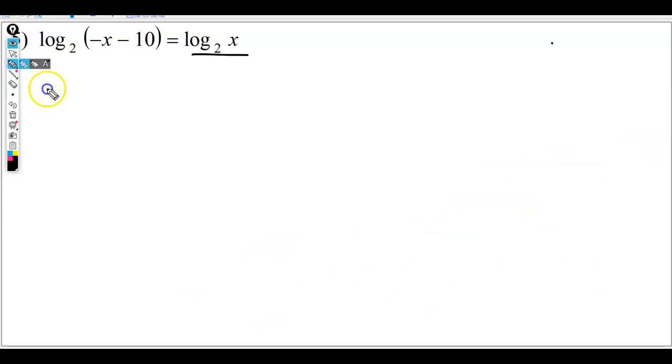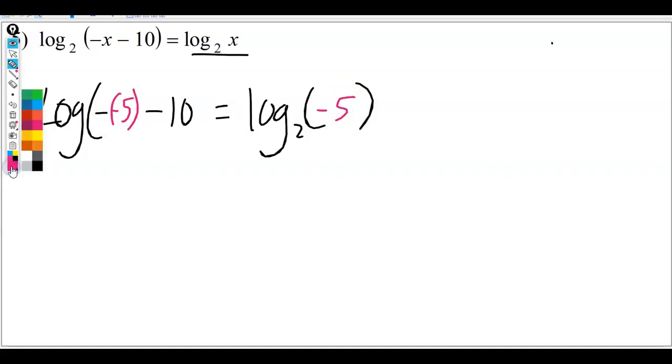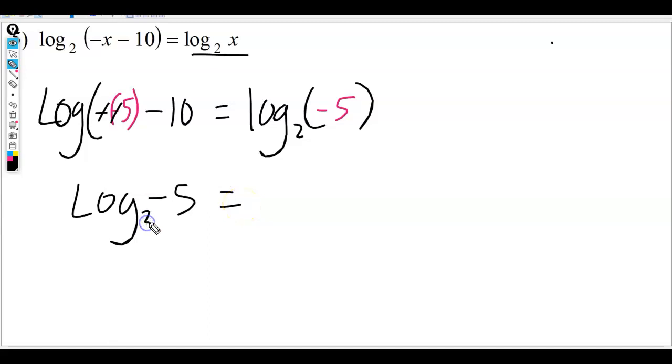Okay, check and see if you're allowed to plug that number in. So for instance, we got -5, right? So what I'm going to do is I'm going to plug in the -5 for x. Now on the right side, the double negatives becomes positive, and 5 take away 10 is -5, right?